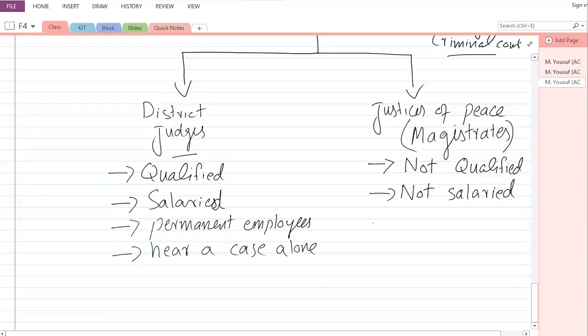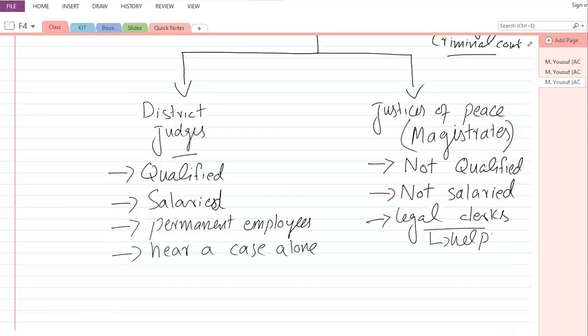As they are not fully qualified, there are some legal clerks in the court who help them on legal matters. They are available to the justices of peace for legal support.